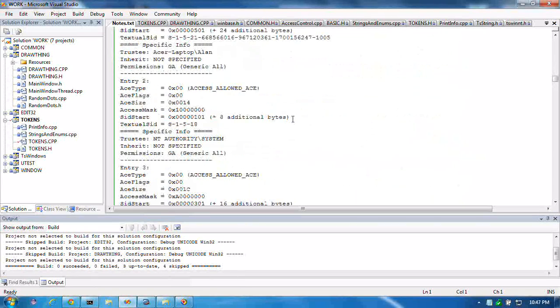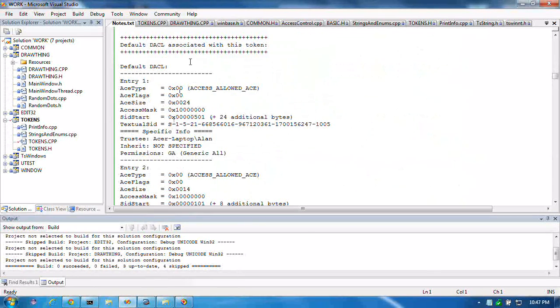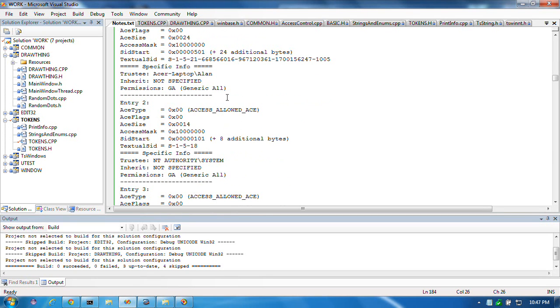It has 3 entries. Me, generic all, allowed. And that's my SID number. NT Authority, allowed, generic all, allowed.